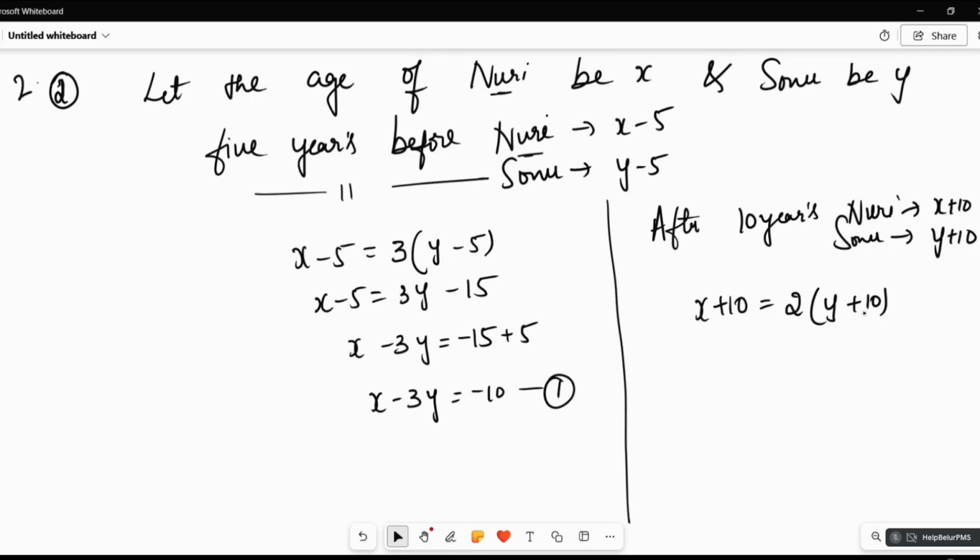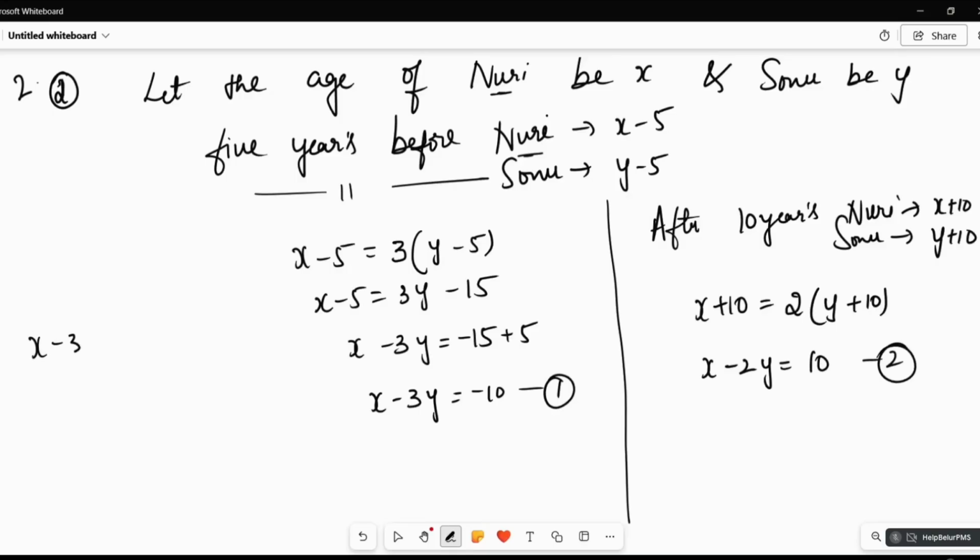Now simplify, find the second equation and find x and y. Got x minus 2y is equal to 10. We have to find x and y values. Ma'am, I got x is equal to 50 and y is equal to 20. Correct. Here, the elimination method is easy because both already have x, right? Directly you can find. Okay.